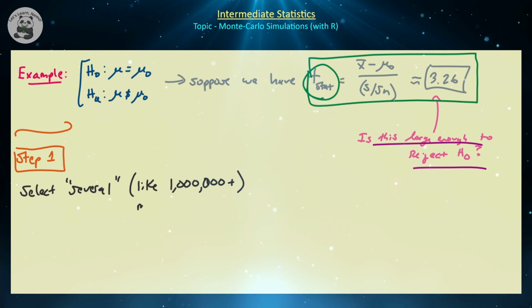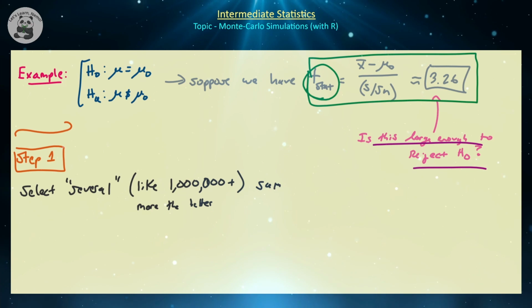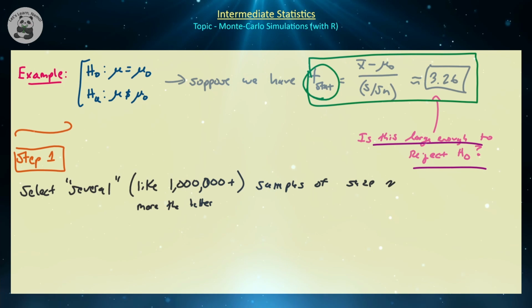But in general, the more the better. If you have the computational power to do 5 billion or 10 trillion, more power to you. So select several samples of size n, because we need to compare it to something fair.